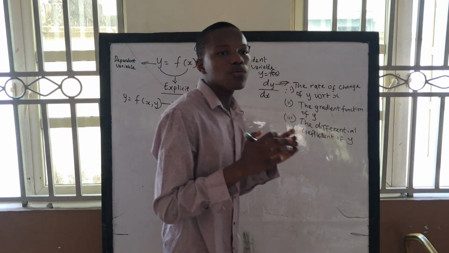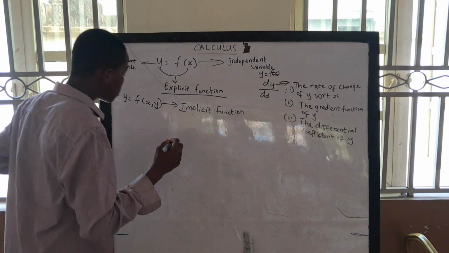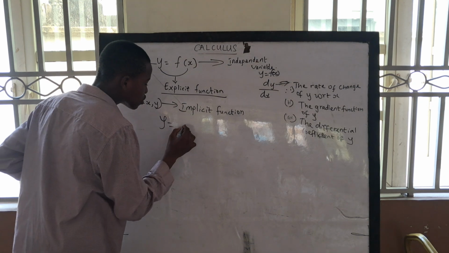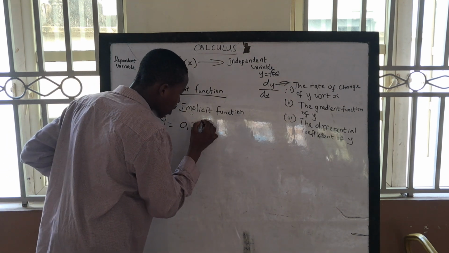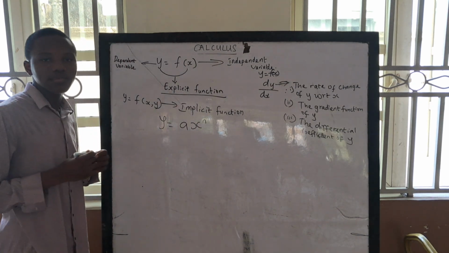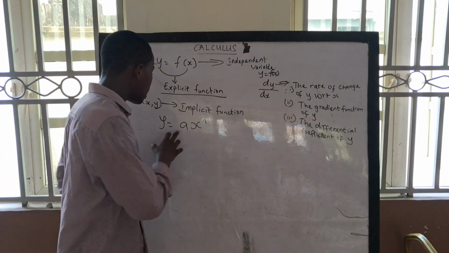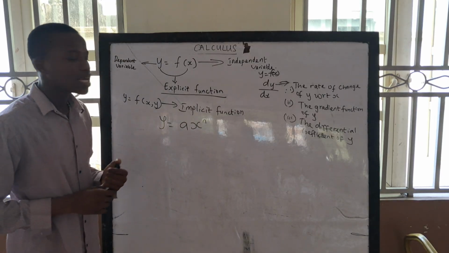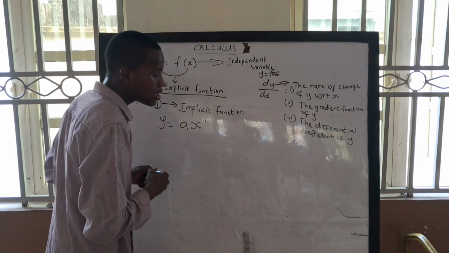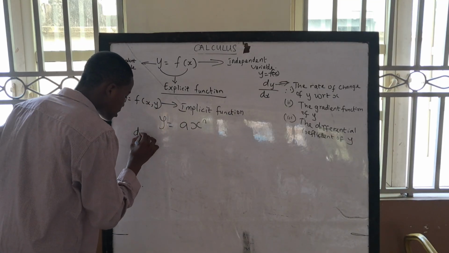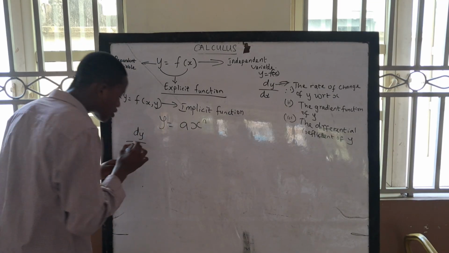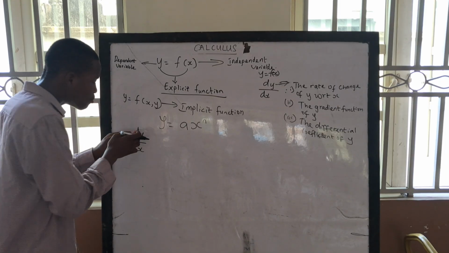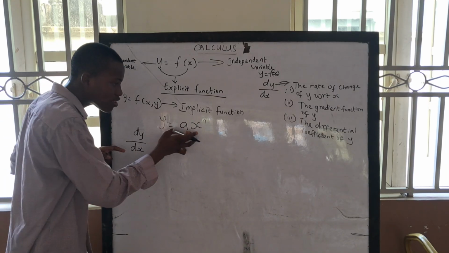Now, if you have a function y equals ax raised to power n, and I'm asked to differentiate this, dy dx, that means I'm differentiating y with respect to x.